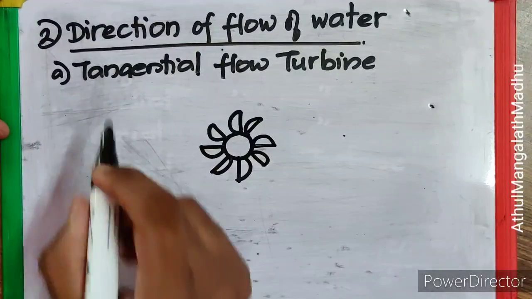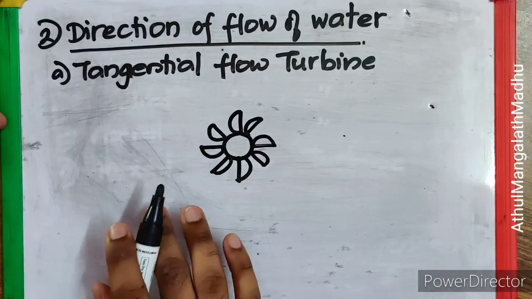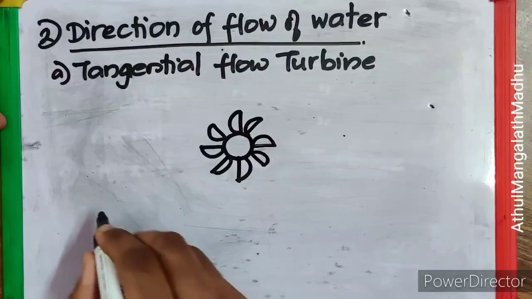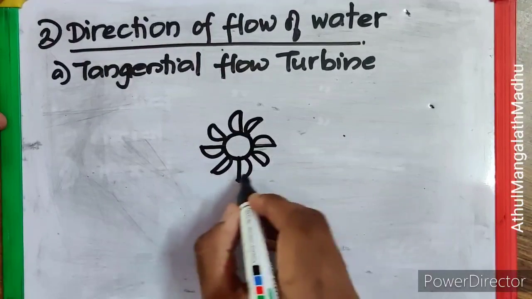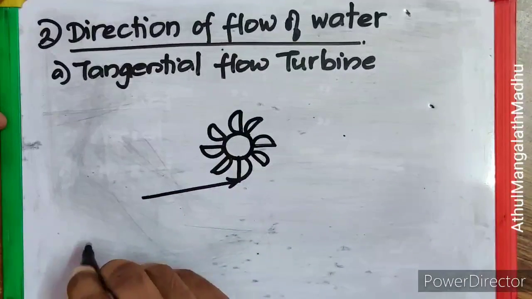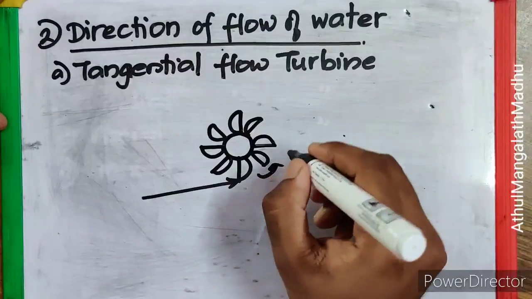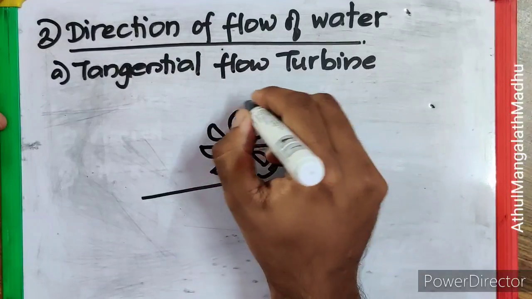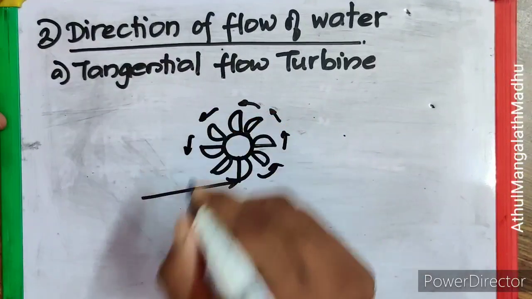So first we'll deal with the tangential flow turbine. In this tangential flow turbine, the water will be hitting this bucket tangentially, and that causes it to rotate like this. Here again I am showing the example of the Pelton wheel turbine.